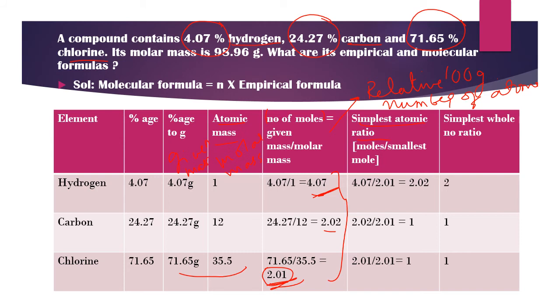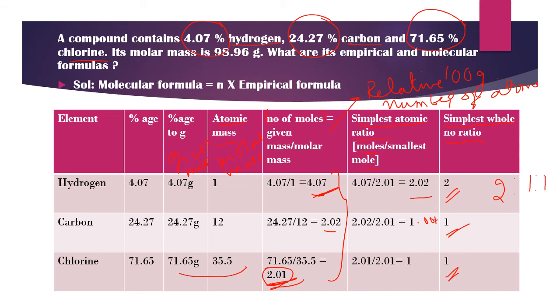So once the moles are divided into smallest mole, you get the simplest atomic ratio, which can be rounded off to the nearest number to get the simplest whole number ratio. Like 2.02 is rounded off to 2, and this is 1.004, which is rounded off to 1, and this is exactly 1. So we get the simplest ratio as 2 is to 1 is to 1.